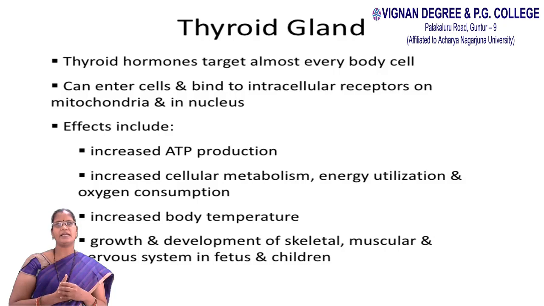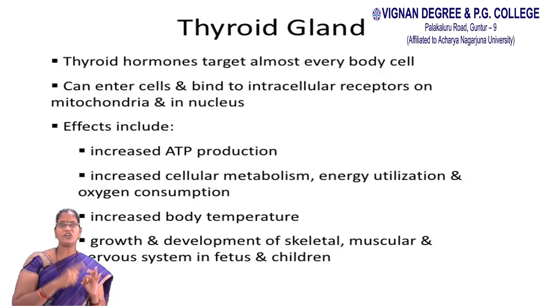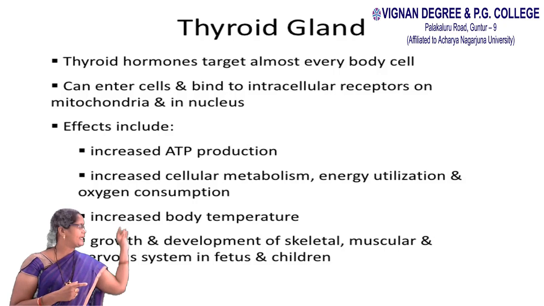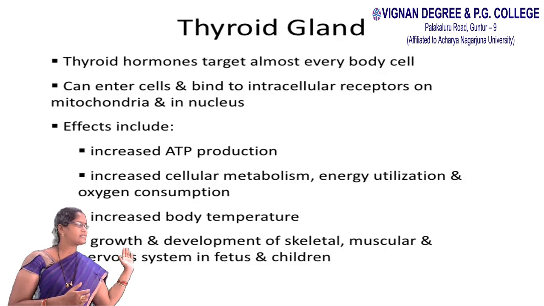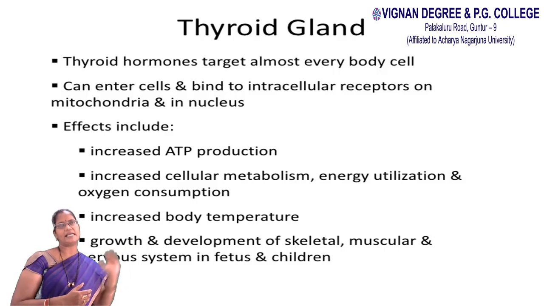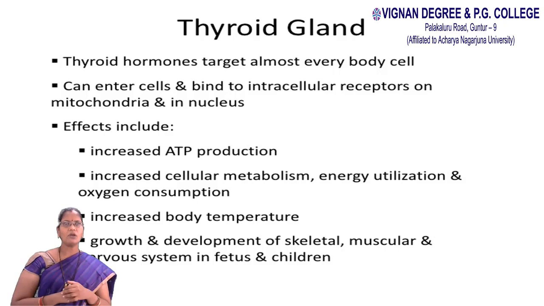What are the effects included? First, it will increase ATP production. Next, it increases cellular metabolism, energy utilization, and oxygen consumption of the cell. Next, it increases body temperature, and growth and development of skeletal, muscular, and nervous systems in the case of fetus and children. So these are the effects of the thyroid hormone.